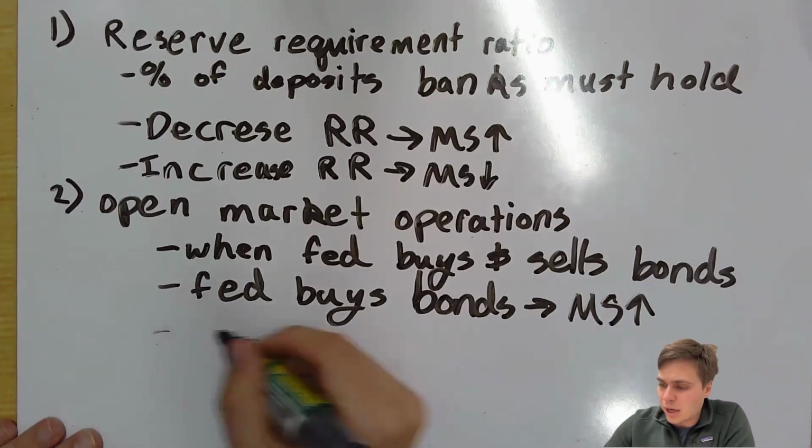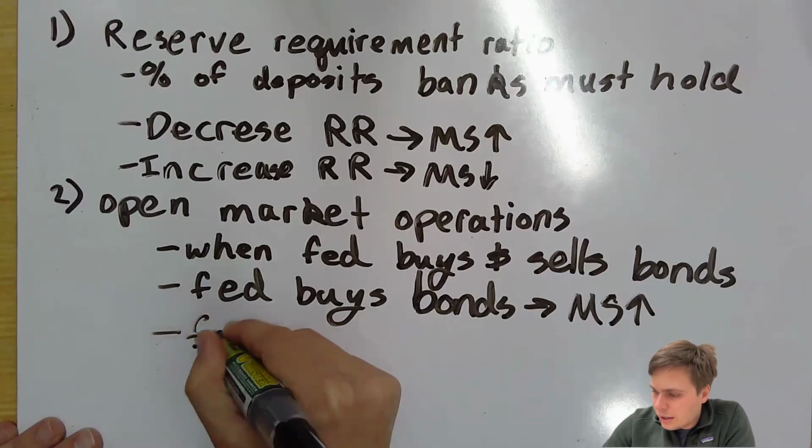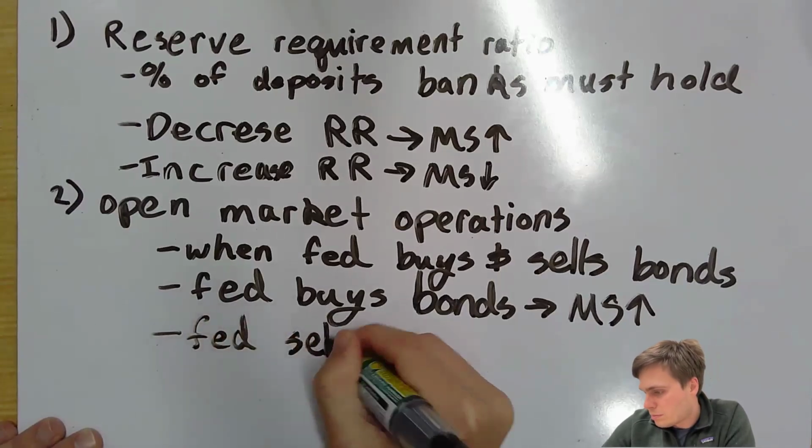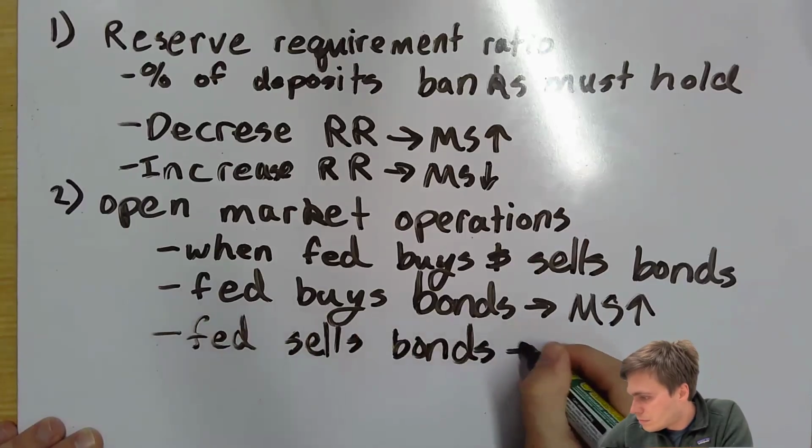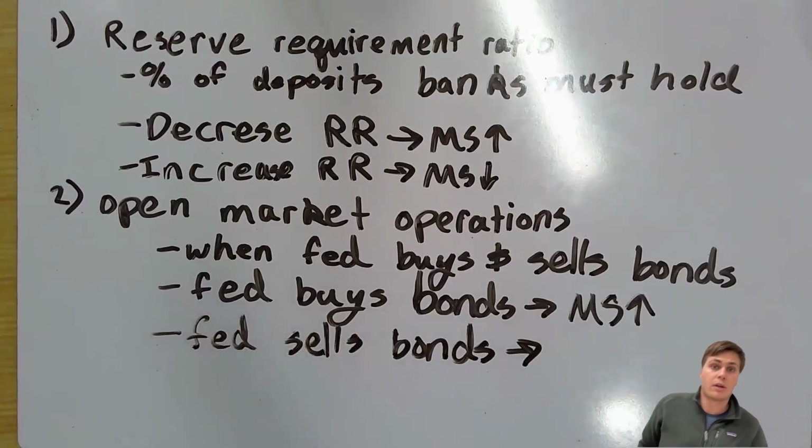And in the opposite way, let's say the Fed sells bonds. So again, I'm the Federal Reserve. You guys are the bank. I, as the Federal Reserve, sell bonds to you all. You guys now on your balance sheets have a bunch of bonds.